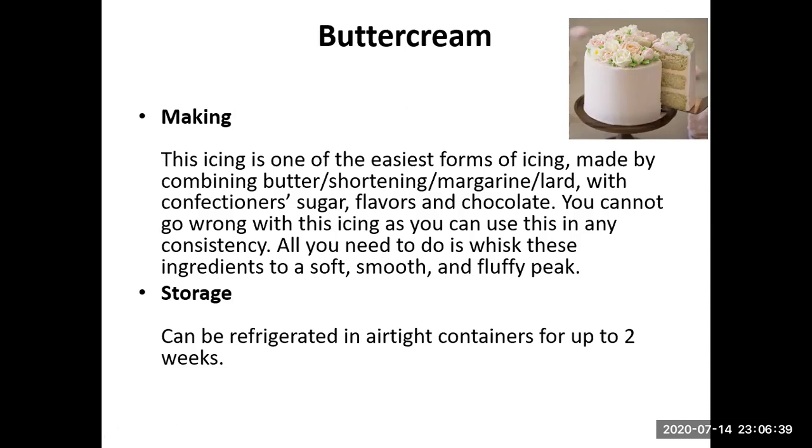That is the solid fat. With confectionery sugar, if you can remember, confectionery sugar means icing sugar. And with that, flavor and chocolates. Whenever you beat all the things together or whisk together for some time, it will prepare a soft, smooth and fluffy cream, and your buttercream will be prepared. And you can store it in an airtight container for up to 2 weeks.